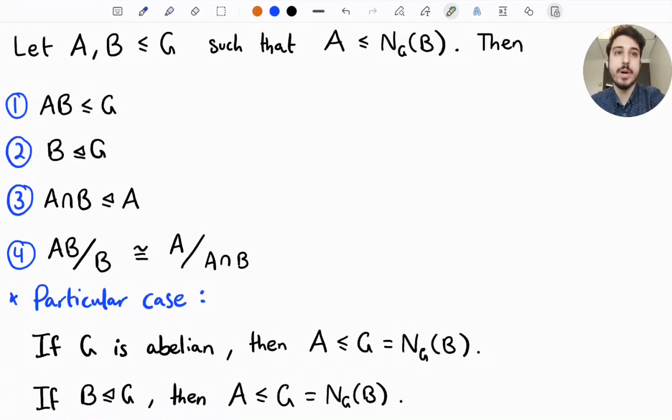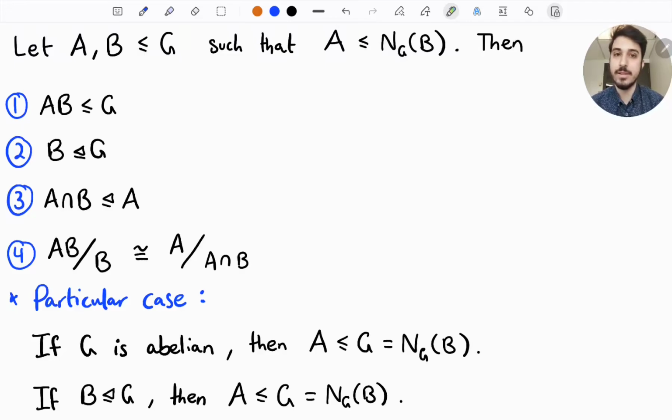Remember that the theorem requires that B is a normal subgroup of the normalizer of B. So if we look at two particular cases, we'll find that this is true no matter the choice of the subgroup A. The first is when G is abelian, because when it's abelian, every subgroup is a normal subgroup, including B. So if B is a normal subgroup, then the normalizer of B is the entirety of G, and A, of course, is a subgroup of G. So it is a subgroup of the normalizer, and this condition is automatically met.